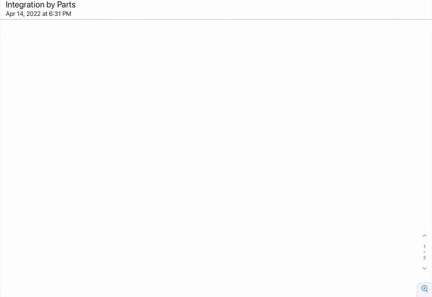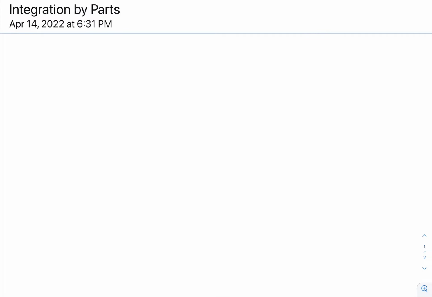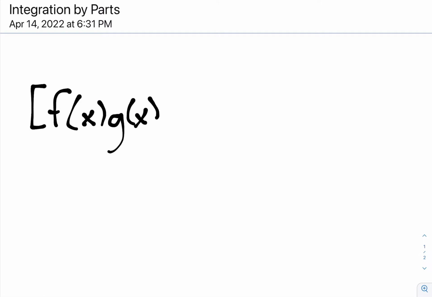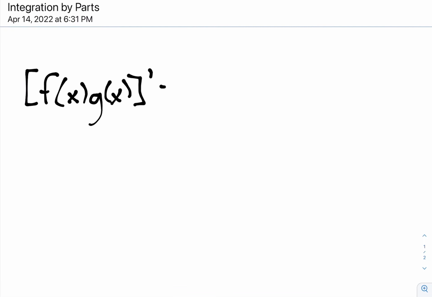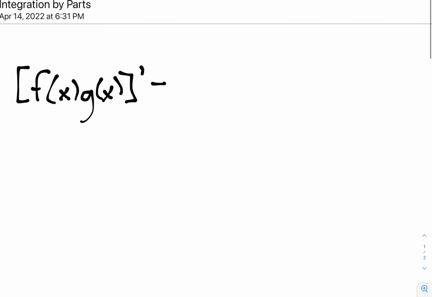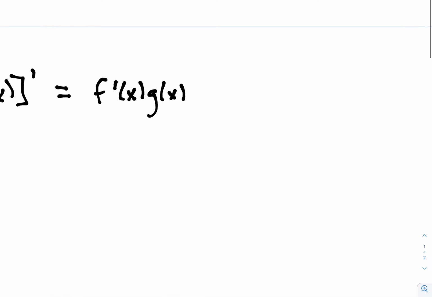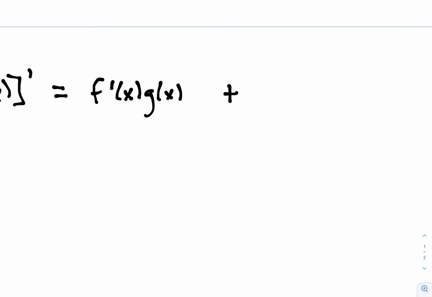If you remember back to differentiation, when we had the product of two things, let's call them f of x and g of x, and we want to take the derivative of this whole thing, two functions multiplying together, we had to take f prime of x times g of x, and this was a sum: we had to add f of x times g prime of x.